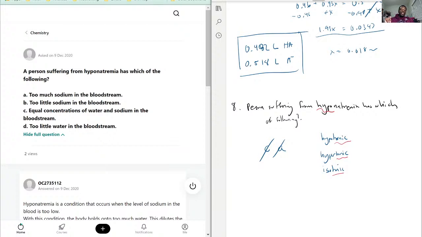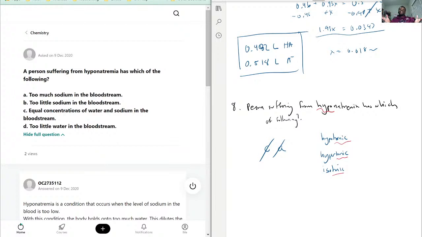When you think of a hypotonic solution, it's saying that compared to another solution, this solution is less concentrated. So it's referring to the solutes in that solution. Hypertonic again refers to the solutes, but more concentrated than a different solution, and iso would be equal concentrations of both.